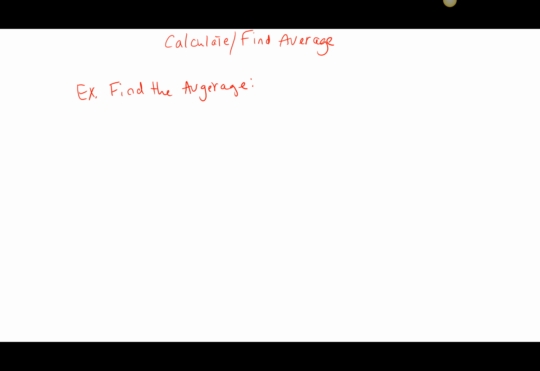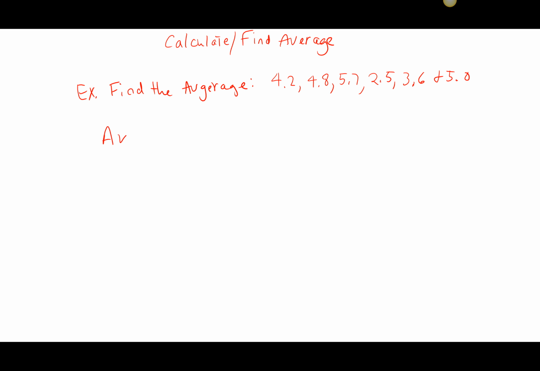Okay, so our group of numbers is 4.2, 4.8, 5.7, 2.5, 3.6, and 5.0. Okay, that's our group of numbers.